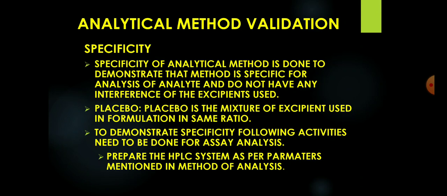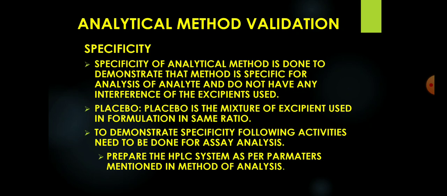The first parameter which needs to be done in analytical method validation is specificity. Specificity of an analytical method is done to demonstrate that the method is specific for analysis of the analyte and does not have any interference of the excipient used. To demonstrate specificity, the following activities need to be done for the assay analysis.